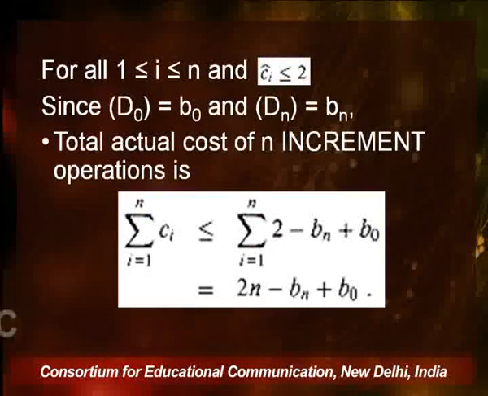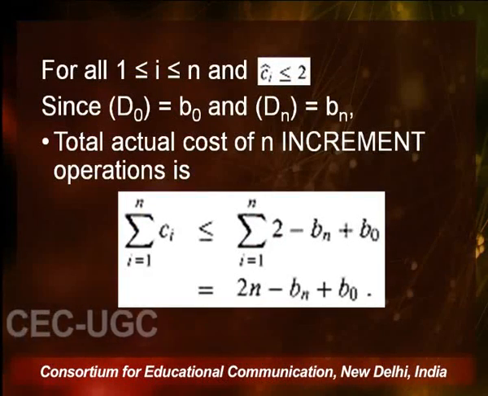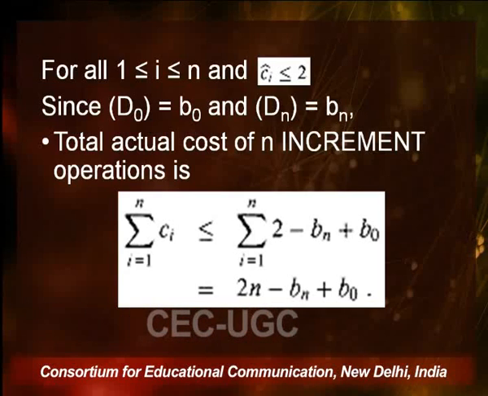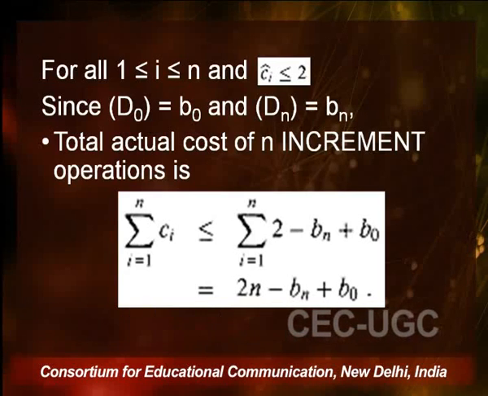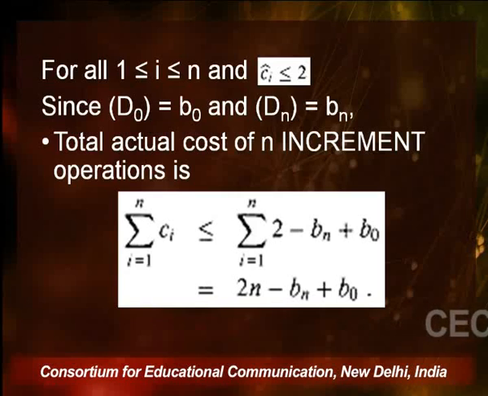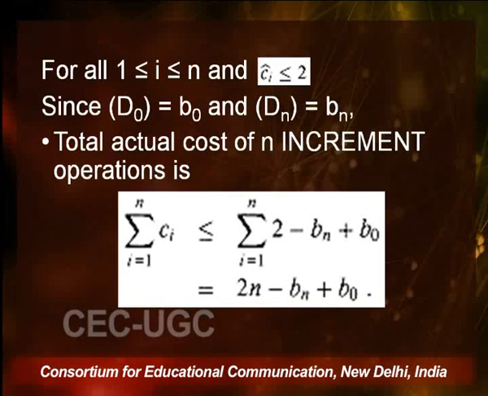So, here is an advantage of the potential method: it gives us an easy path to analyze the counter even when it is not starting from 0. For all i ranging from 1 to n, we have amortized cost less than or equal to 2, and D0 equals B0 and Dn equals Bn.